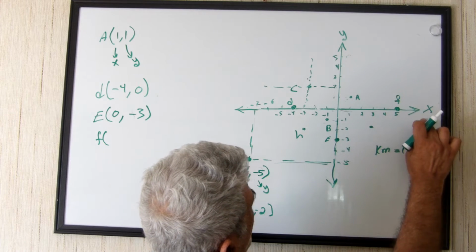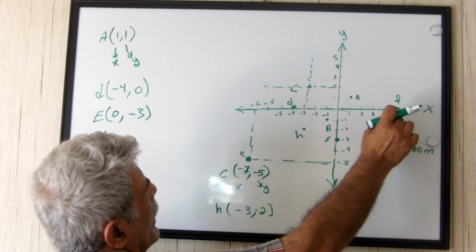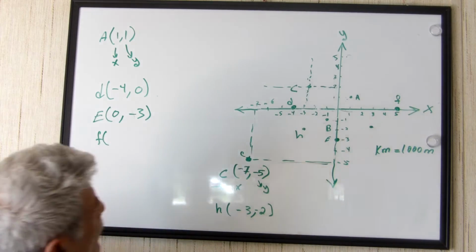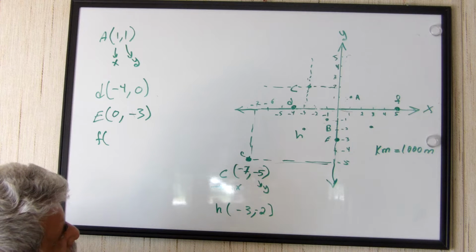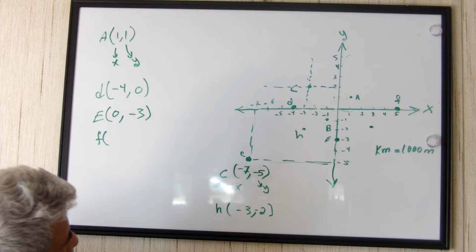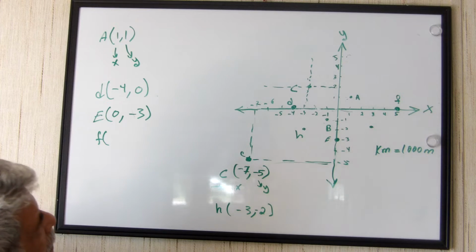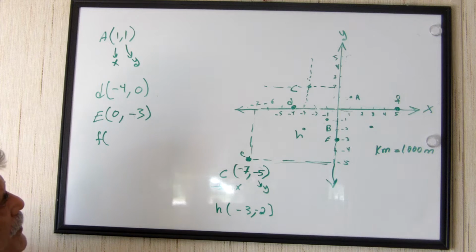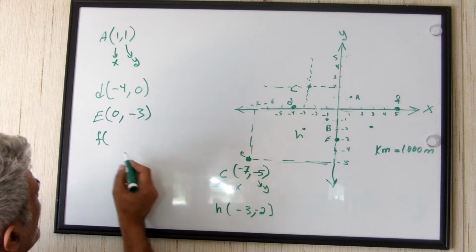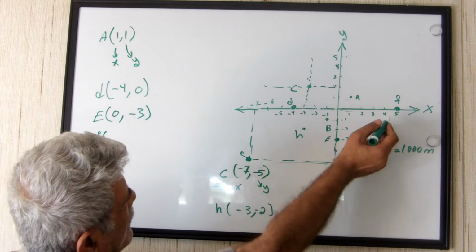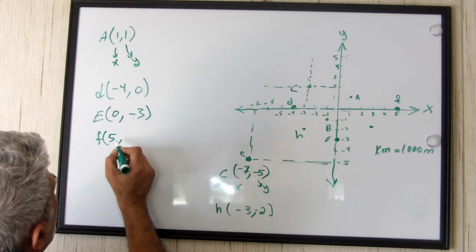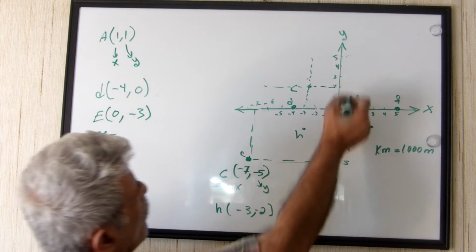The cosine of 0 is 1, and the sine of 0 is 0. So for F, how much is x? X is 5, and comma, there is no y, it's 0.